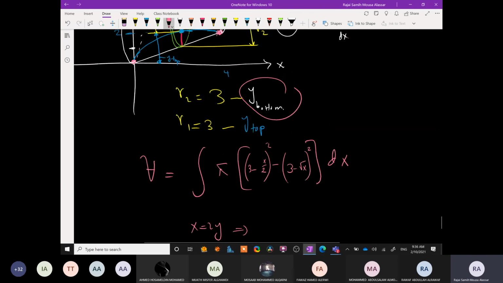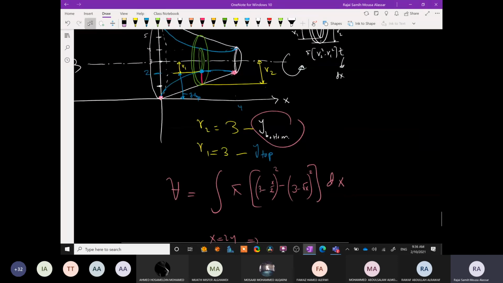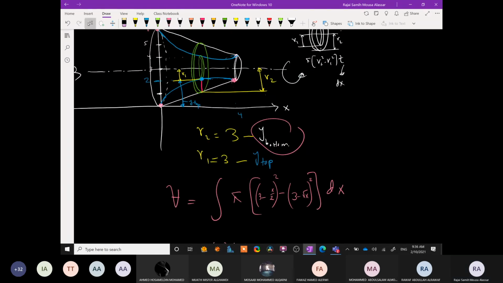And we're going to integrate this from where to where? The samples are taken along what? 0 to 4. And we're done. Yes, exactly, we're done with that. We got it. That's it. It's very simple.